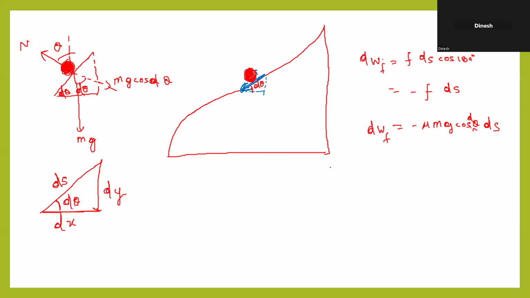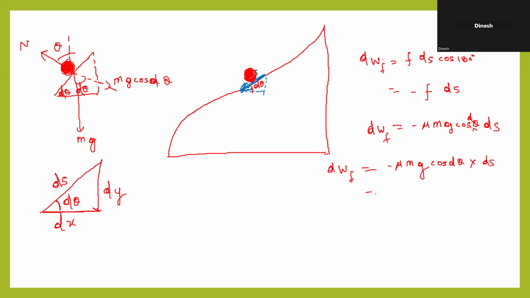So how much work is done by the friction? Minus mu mg cos d theta into ds.